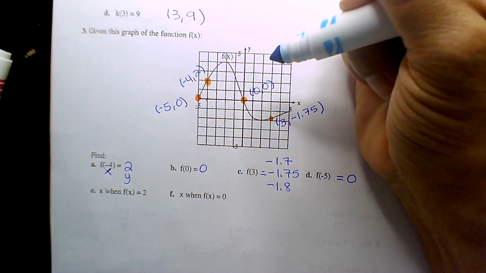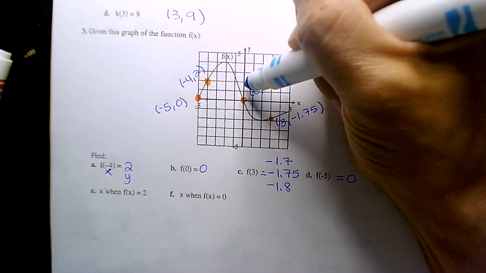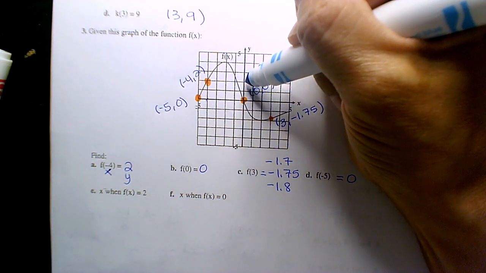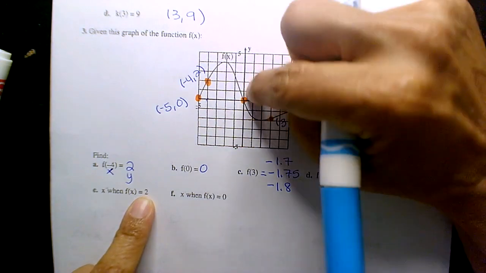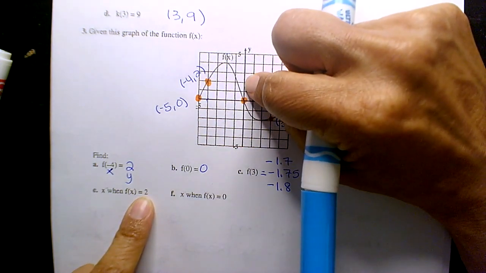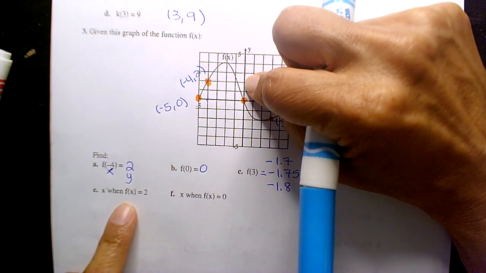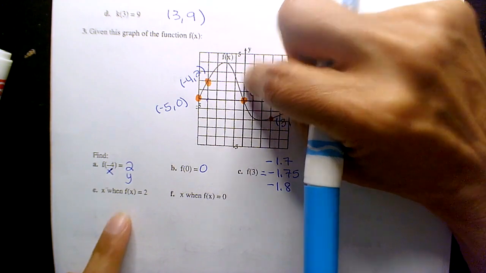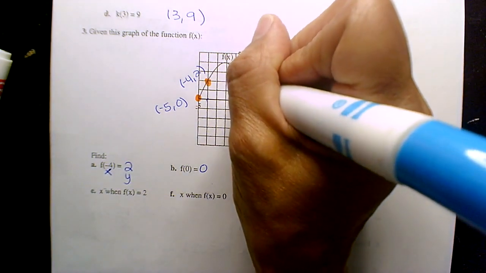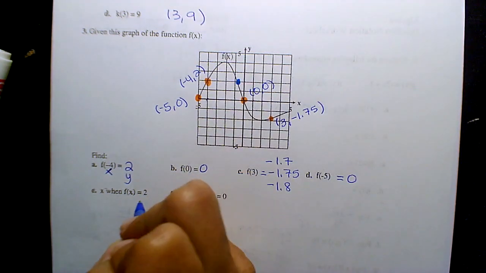Let's take a guess. Kelly, give me one. When y is 2, find the graph and then bring it down to x. Negative 0.8? Yeah, so you got negative 0.8, and what's the other one?